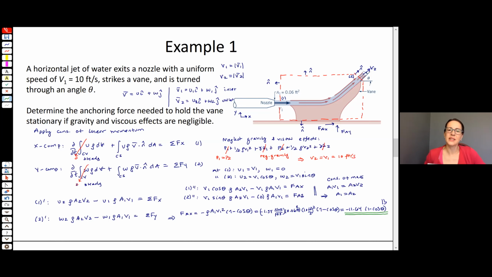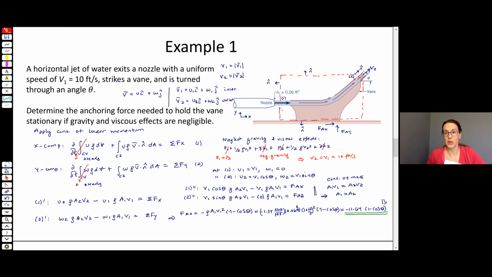Now, what does that minus sign tell us? What does it mean to have a negative force? Opposite direction. It's the direction, exactly right. And again, sorry, your name's not popping up, so I don't know who that was, but that's right. Right, so we drew in FAX this way to the right and FAY upwards.